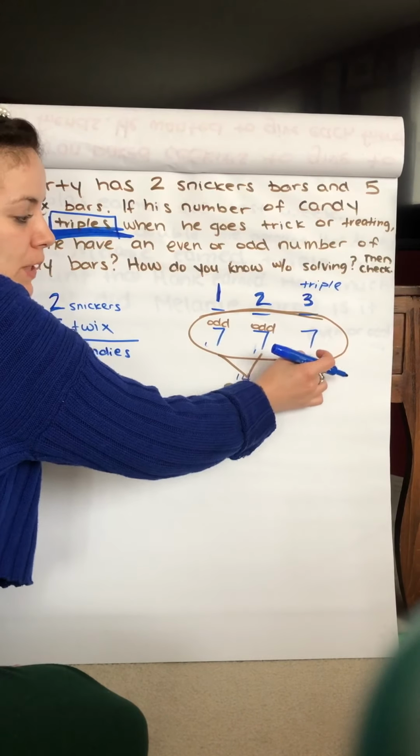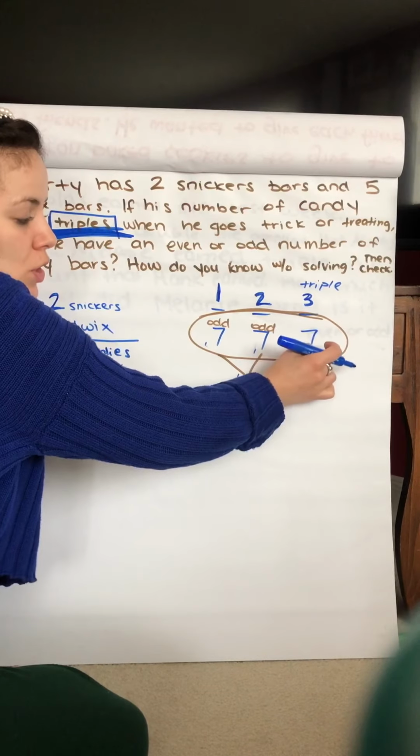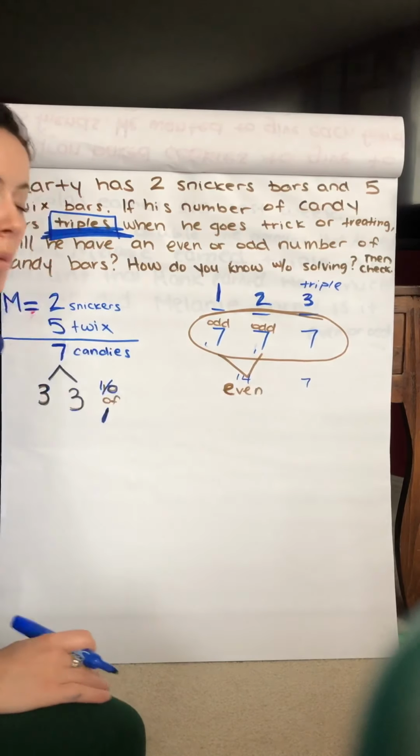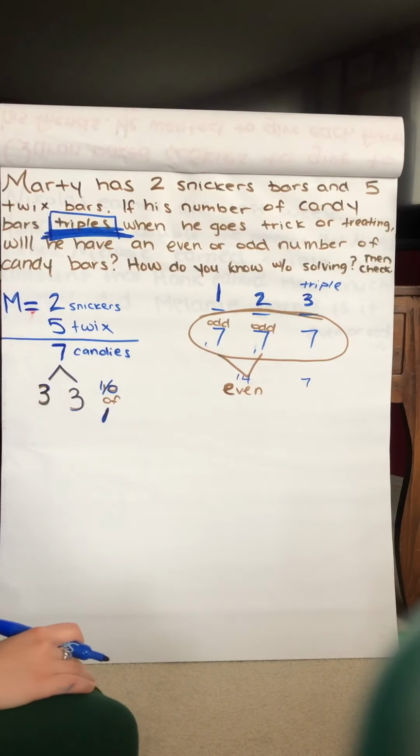So when you try to split this 7 into 2 equal groups, you will get 3 and 3 with a leftover of 1. That leftover will be all by itself, and that's why it's an odd number.